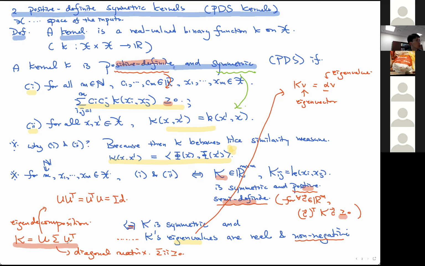Also, we use this to build another kind of kernel. Right. Just the last bit is that this K actually has a name. I use colors in an arbitrary way, but the kernel matrix K has a name, and K is called the Gram matrix.